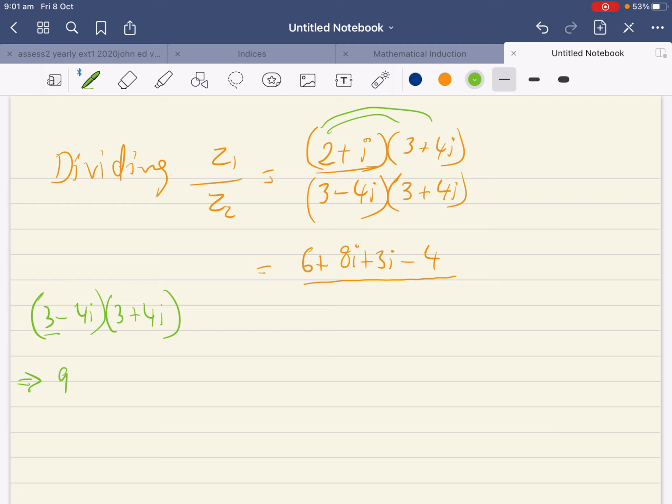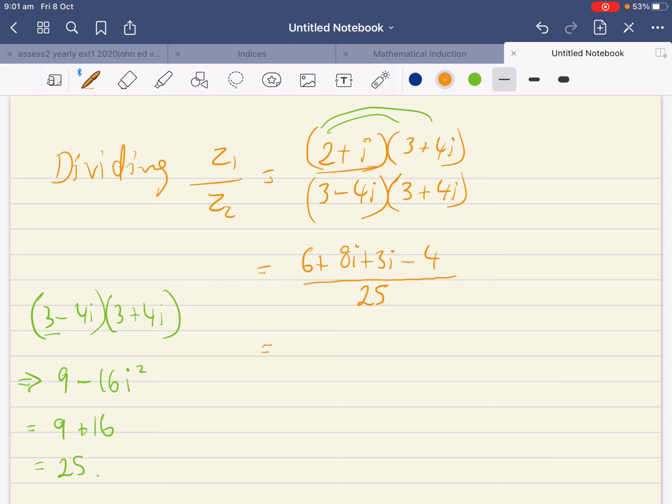First term squared minus the second term squared. And of course, worth noting, i squared is minus 1. This becomes a positive 16, and you end up with an answer. So anyway, you expand it out, and you end up with 25 on the bottom.